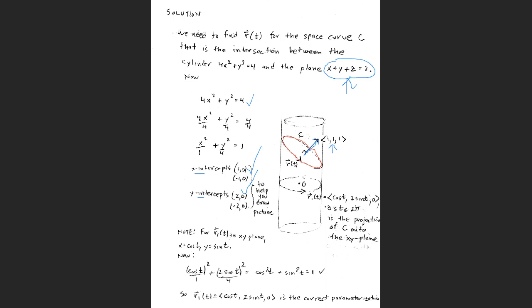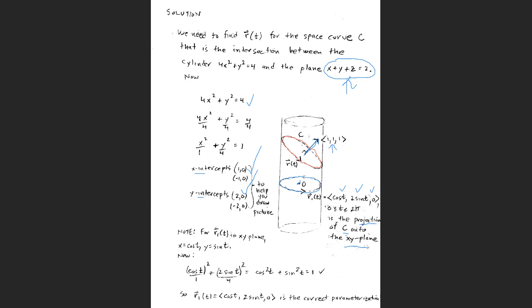All right. So hopefully you have a picture in your mind of this situation we're dealing with. Now, one thing we'll note also that needs to be noted: if you take the projection of the space curve, that red space curve C, onto the xy plane, then you're going to get, of course, a different space curve. And this space curve would have components cosine of t, 2 sine t, and 0.